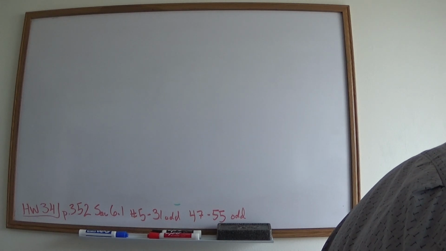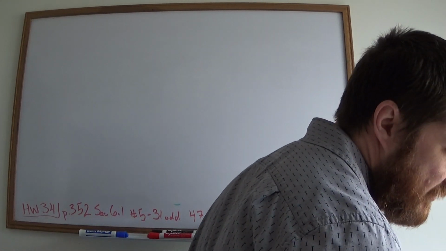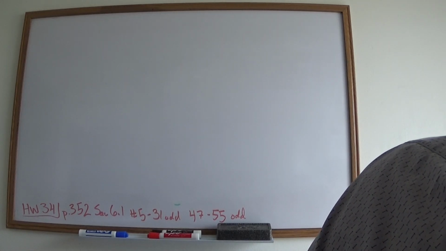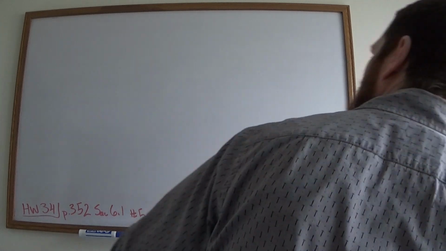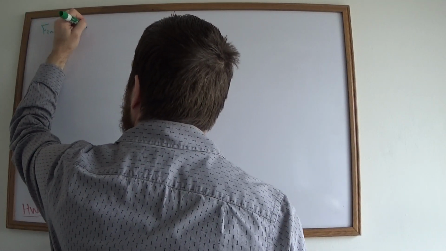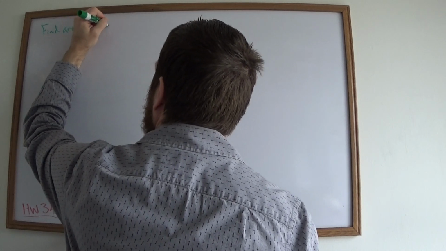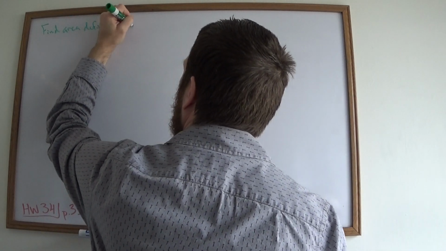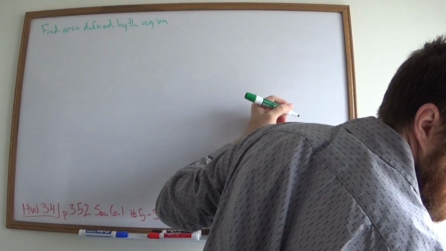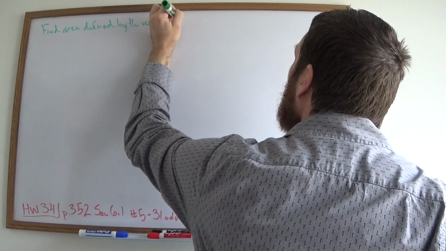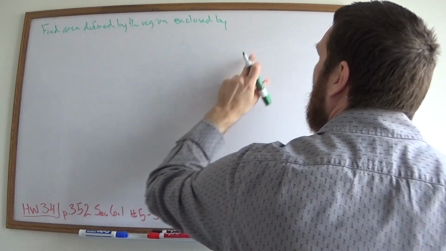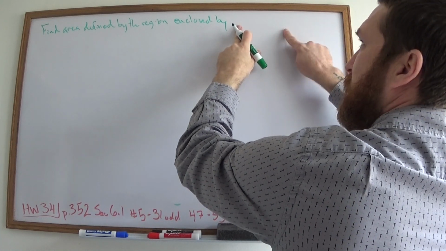So, here's one. Here's a region defined by 2 functions. Find the area defined by, this is how your book puts it, the region enclosed by a function f and a function g.